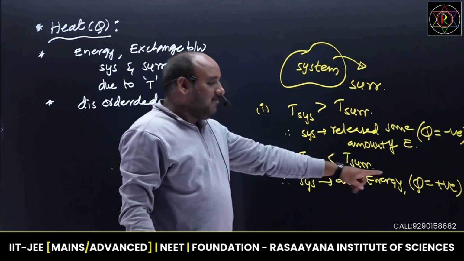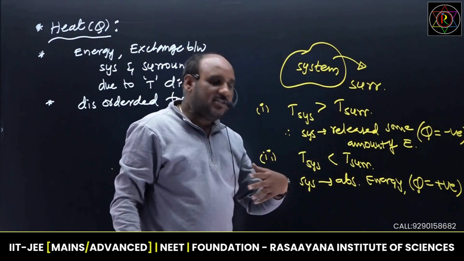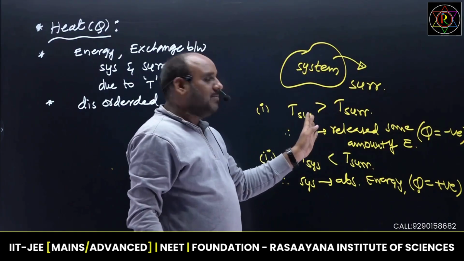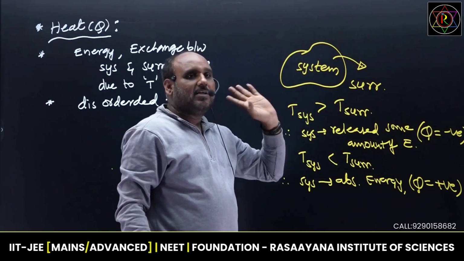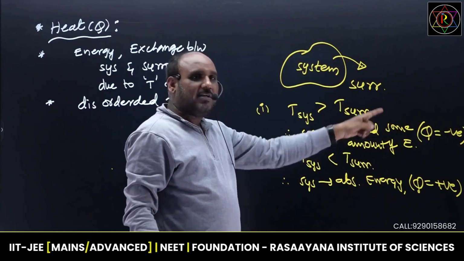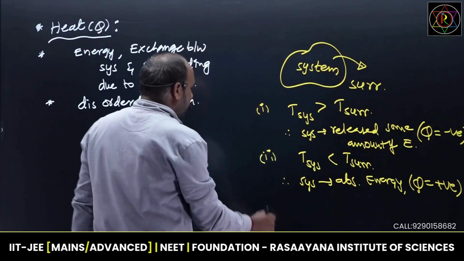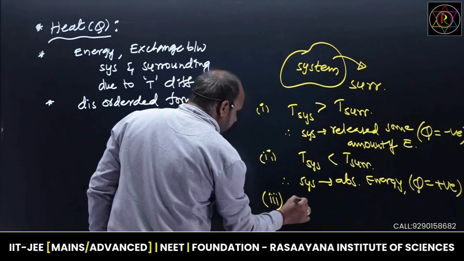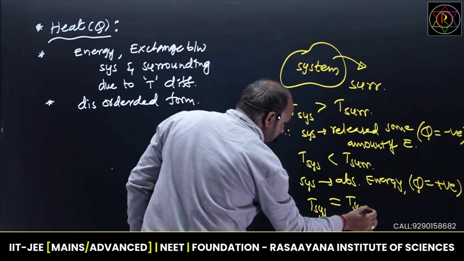So when the system absorbs some amount of heat energy, the sign of Q will be positive. When the system releases energy to the surroundings, it will be negative, right? Sign convention is very important in thermodynamics. Then the third condition: the temperature of the system is equal to the temperature of the surroundings.